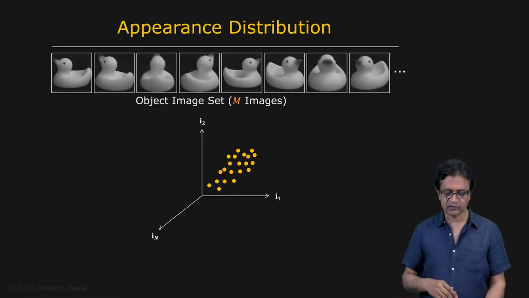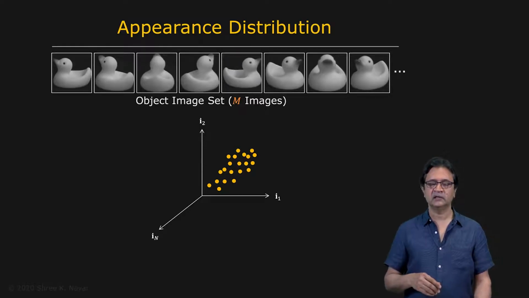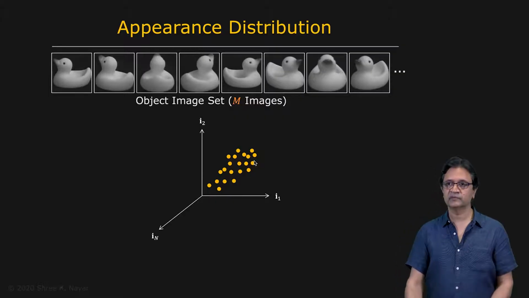So let's come back to our problem. We have an object image set, and let's say that the number of pixels in each image is n, but the number of images is m. So in your n-dimensional space, you have this distribution of points. This we'll call an appearance distribution.